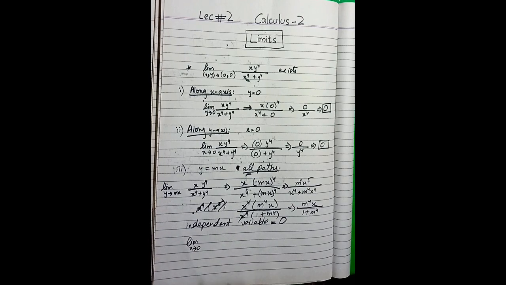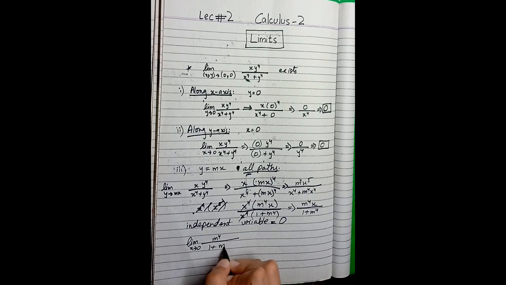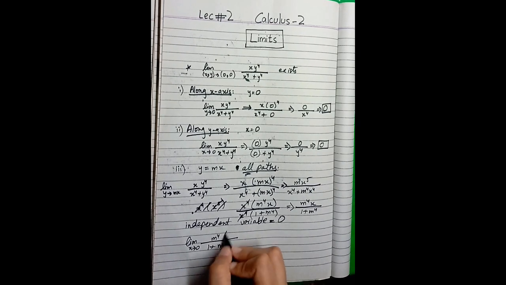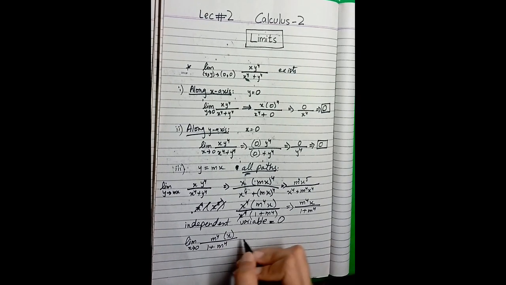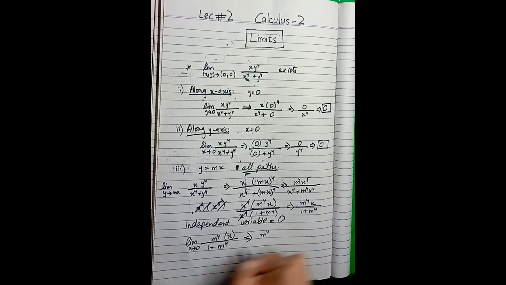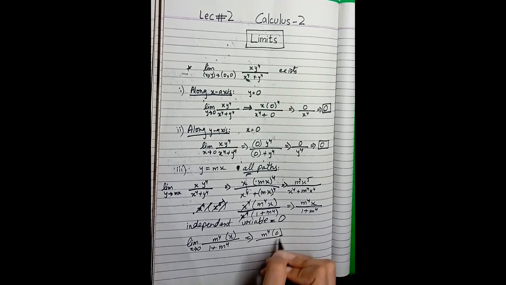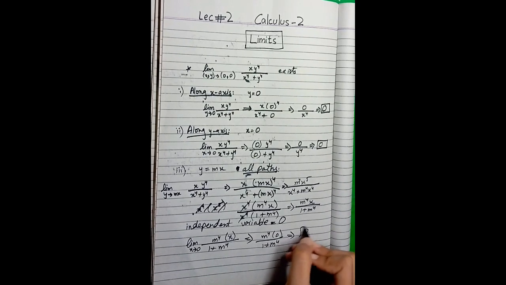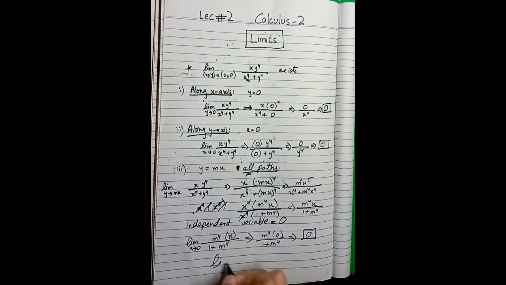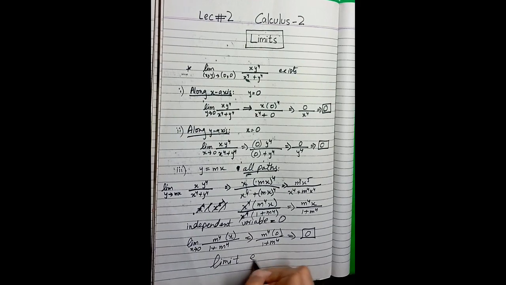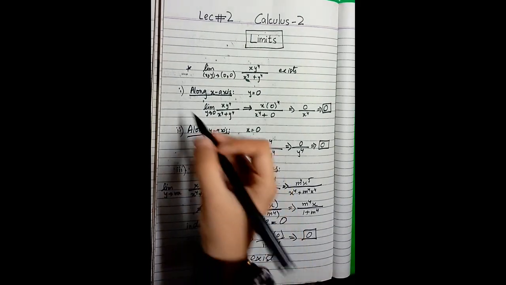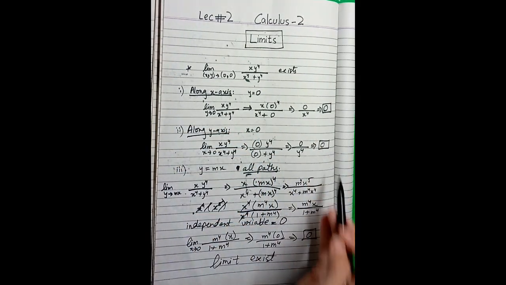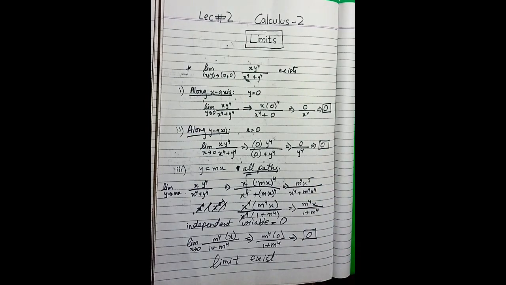Limit as x approaches 0 of m^4 x divided by 1 plus m^4. In place of x, we will put the limit, which says 0 divided by 1 plus m^4, and it will be equal to 0. So we can say that the limit exists, because in all our three conditions we are getting the same value, we are reaching the same point.